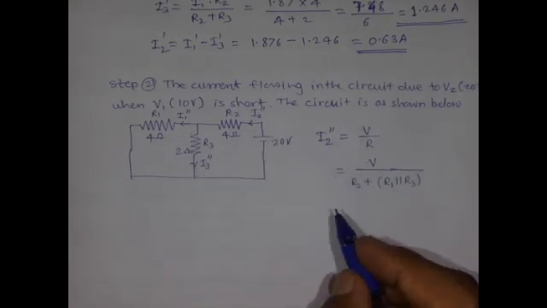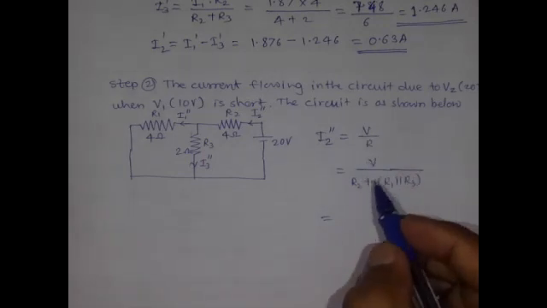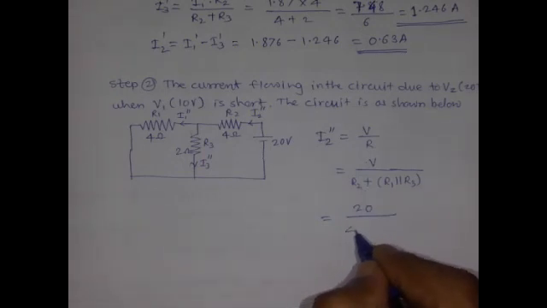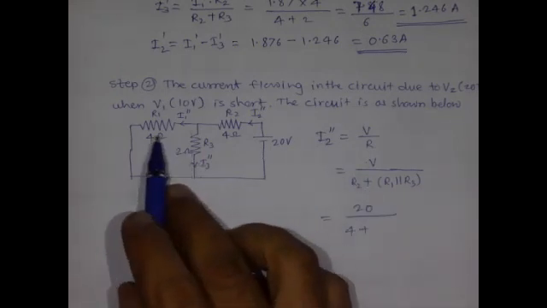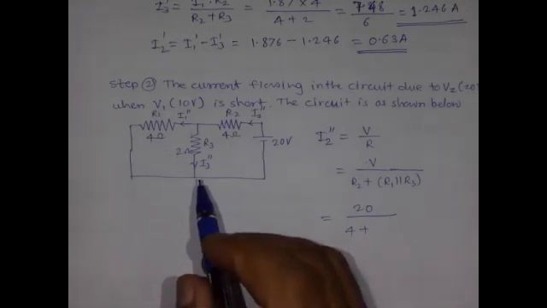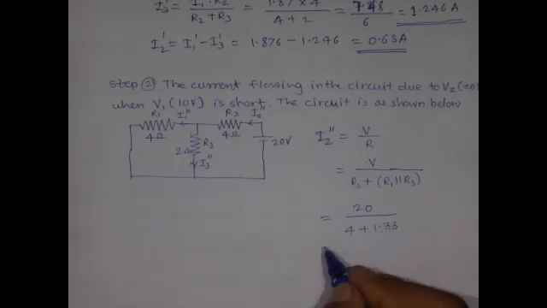Now I2 double dash is calculated like this: V, which is 20 volt, divided by the R2 value, 4, plus the parallel combination of 4 into 2, which is 1.33.